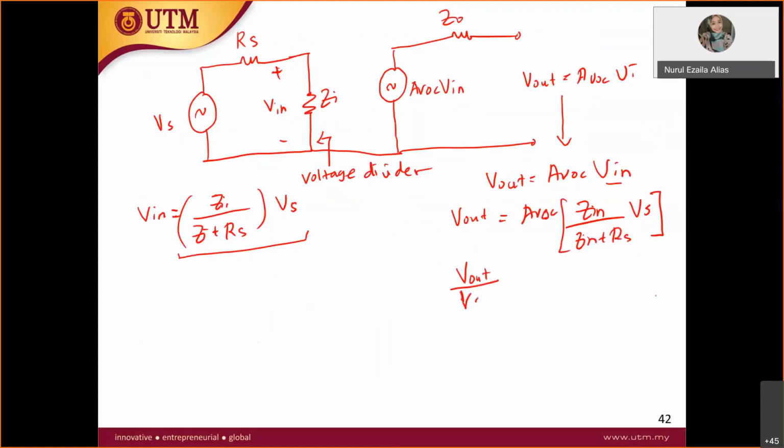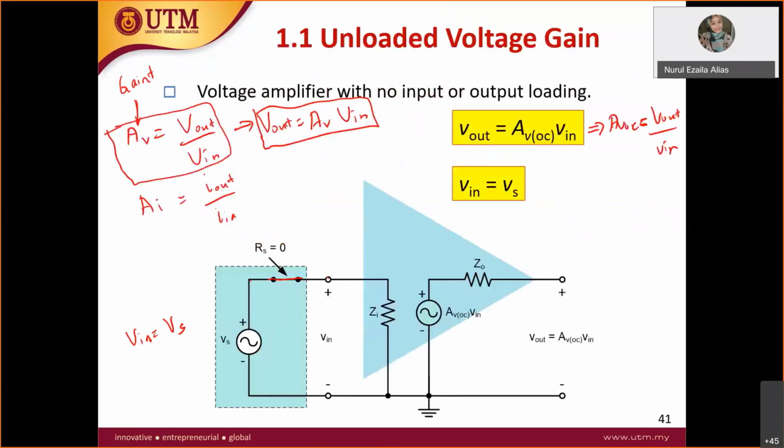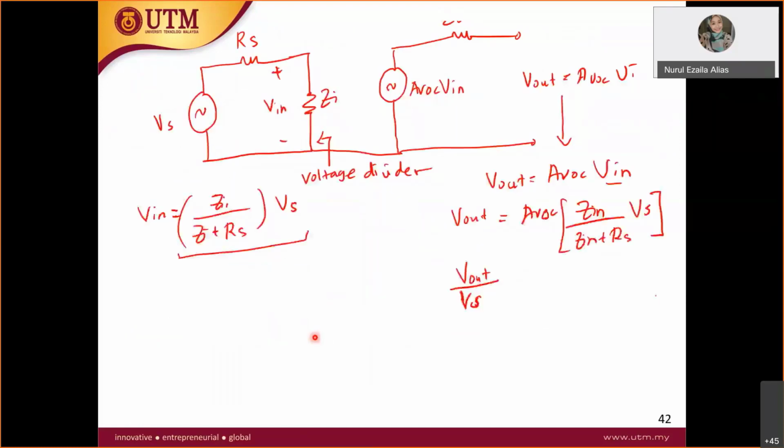Vs is also an input now. This is not the same as V out over V in. Now the gain is referring to this Vs. Previously this AV was referring to V out over this V in. Now it is referring to this Vs.